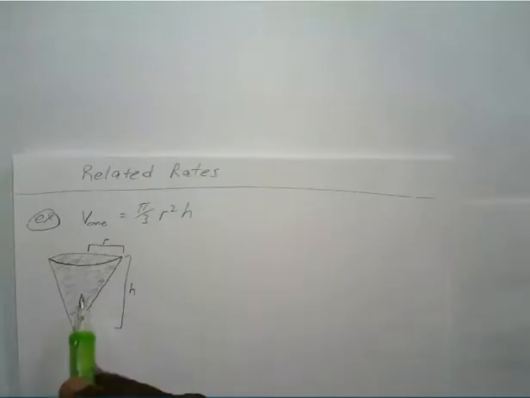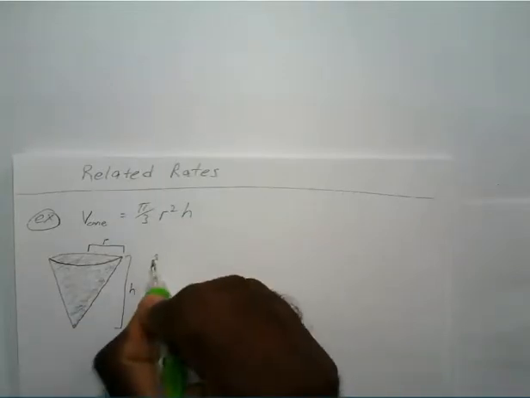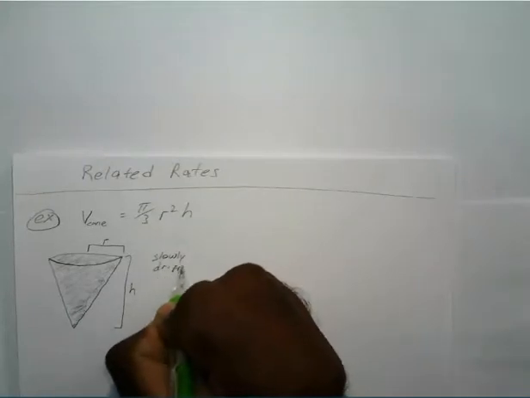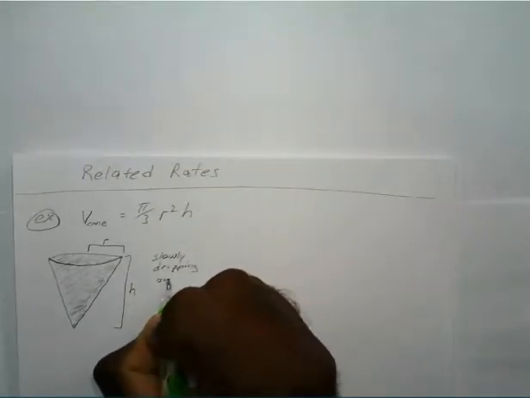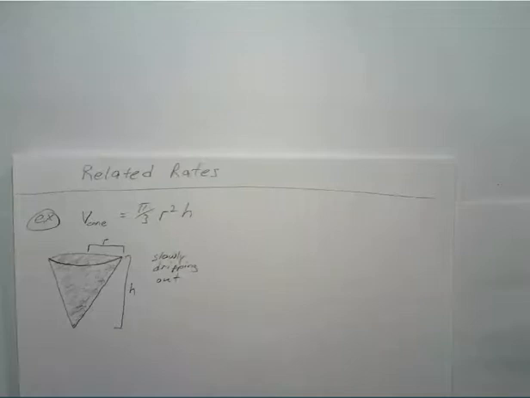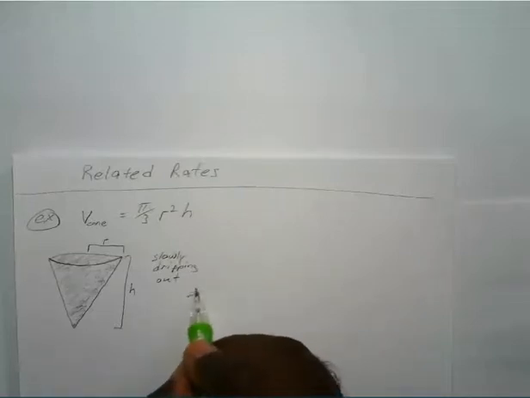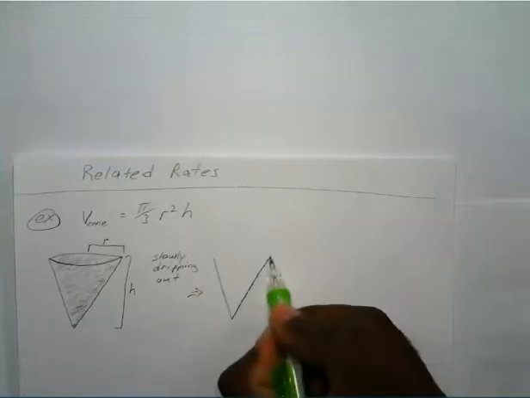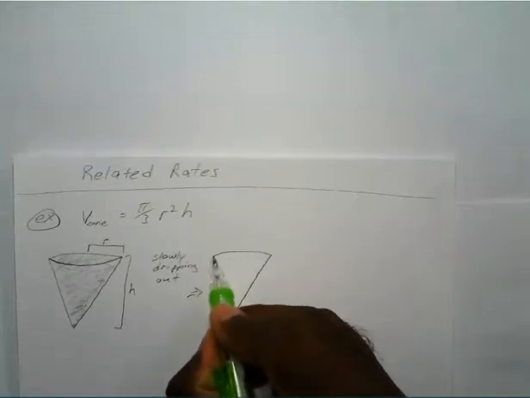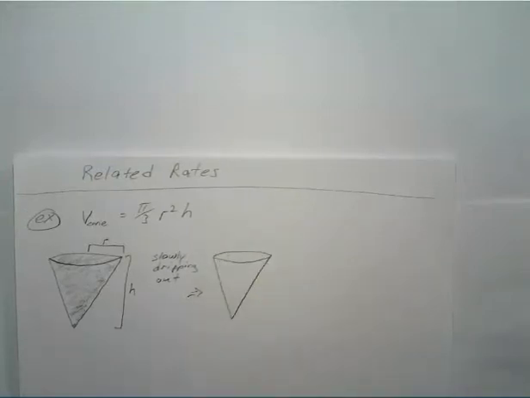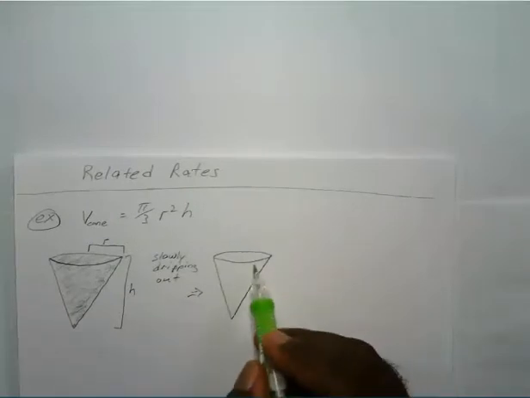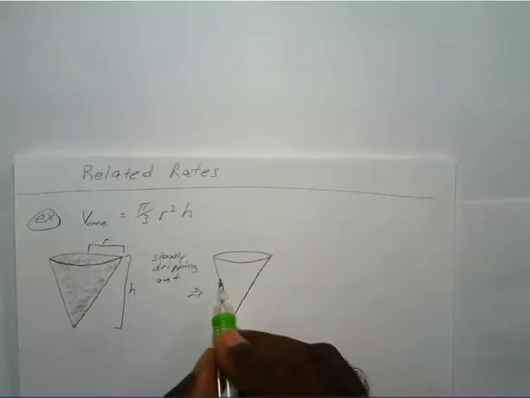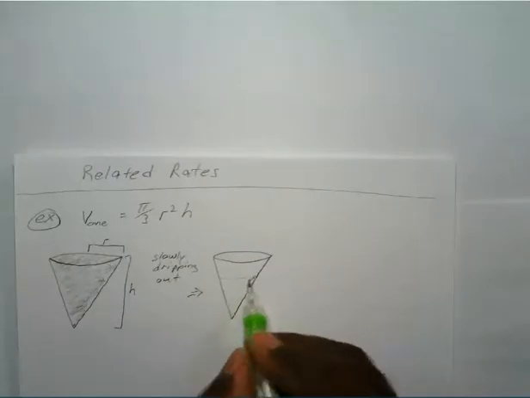Now let's say that water is slowly dripping out. So that means your cone, which would look the same, well, excuse me if it's a little bit smaller, but you'll get the same general idea. Let's say it's dripped out over a while and your water only goes up to here.